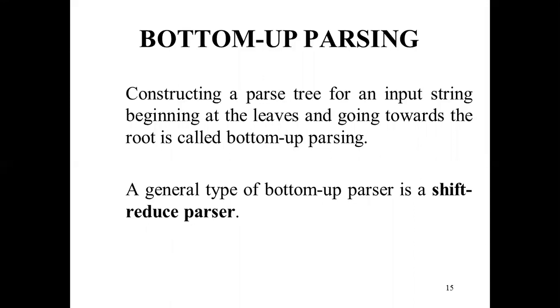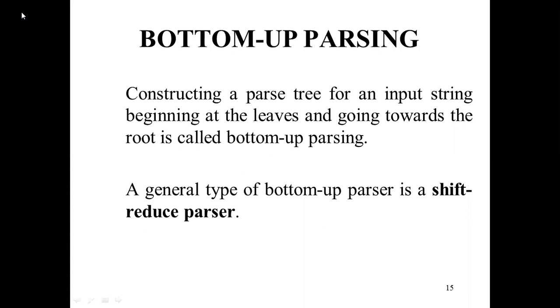Similarly we continue this work, and ultimately we get our final expression. That expression is called the complete sentential form. So we can say that the bottom up parser is also called the shift reduce parser, because in this case we will shift and reduce.